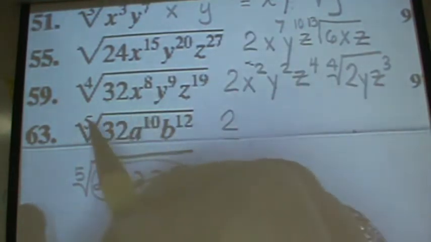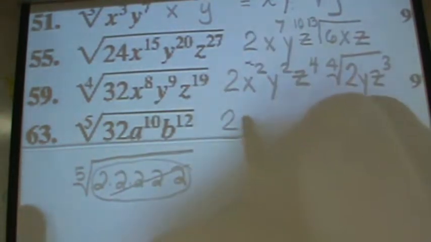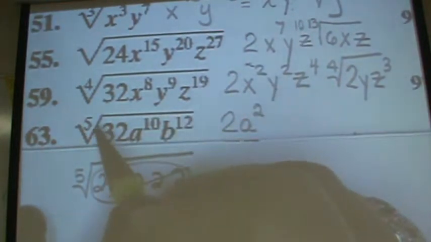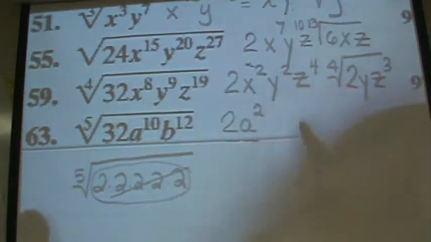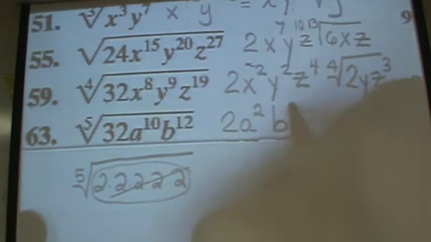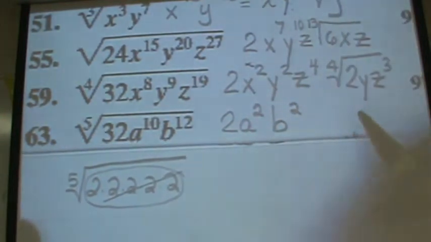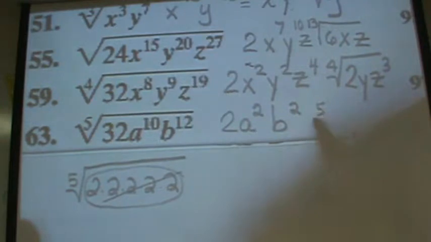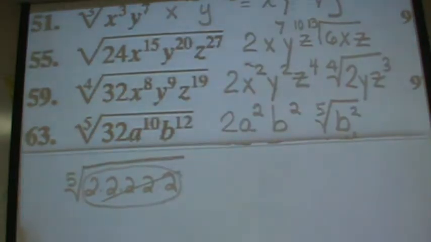Now, 10 goes over 5 2 times, so all of our a's come out, and 12 goes over 5 2 times. How many are left? 2. Two b's are left.